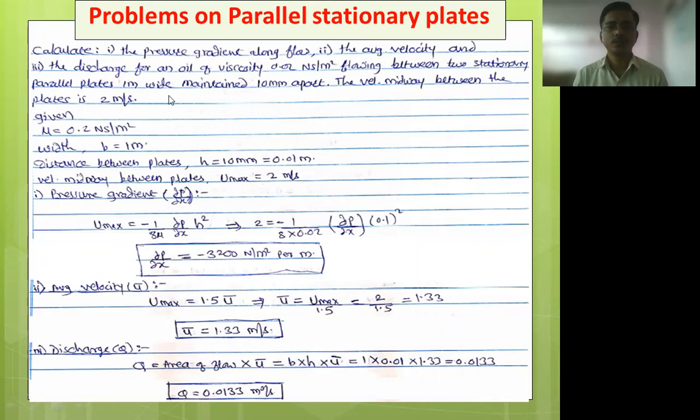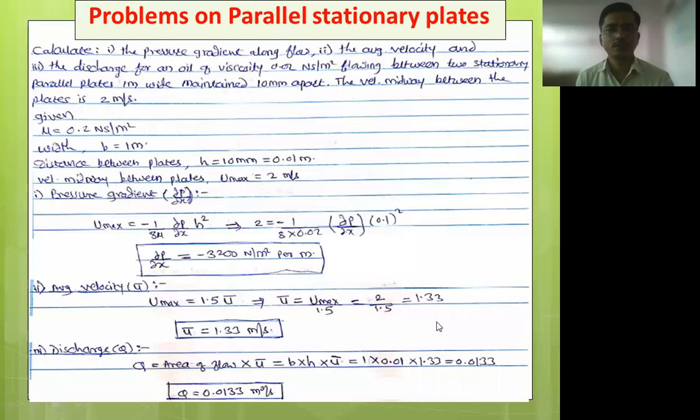So here we have to calculate the pressure gradient, that is P1 minus P2 divided by L, or del P upon del X. Then the average velocity we have to find out, and the discharge.